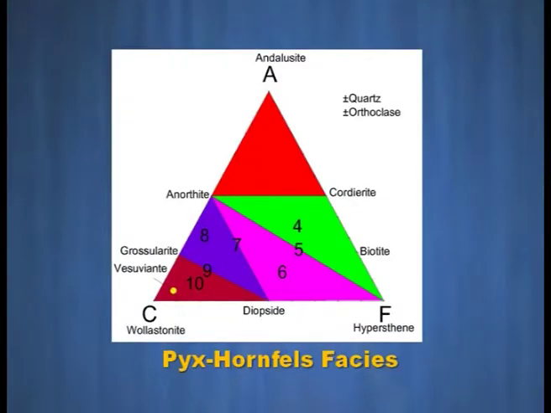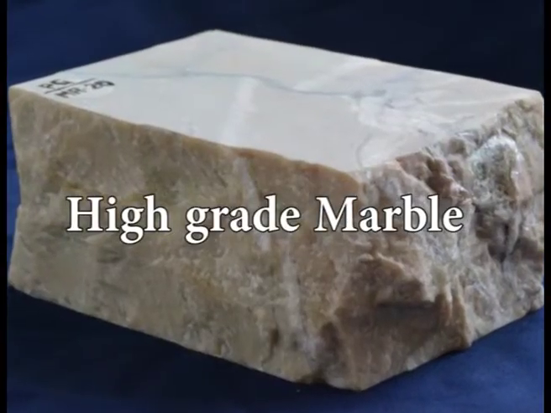This combination is common enough in calcareous assemblages of the hornblende hornfels facies. Moreover, such assemblages as grossularite, diopside, plagioclase have not been reported in association with high-grade marbles.